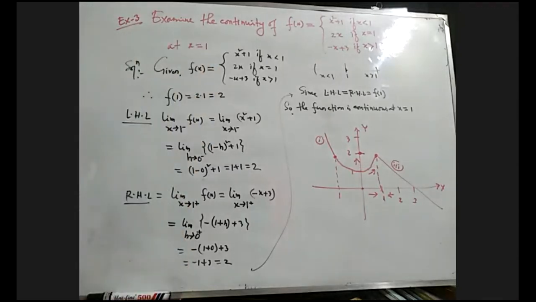So from the figure, we observe that this is f of x equals to x square plus 1, and this function is f of x equals to minus x plus 3.